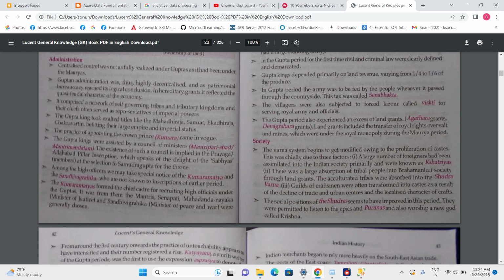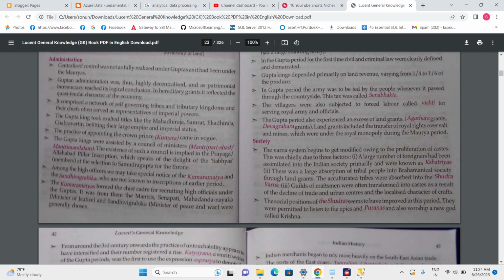Now next is types of tax. Bhaga, one by six of the produce. Bhaga was the type of tax in which people had to pay one by six of the produce. And then Bhoga. Bhoga, supply of fruits, flowers, vegetables to the king. Bali, an additional oppressive tax.